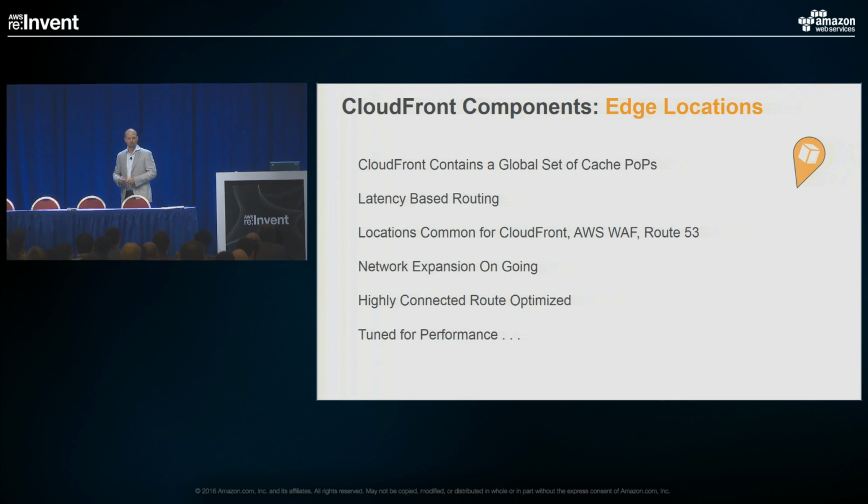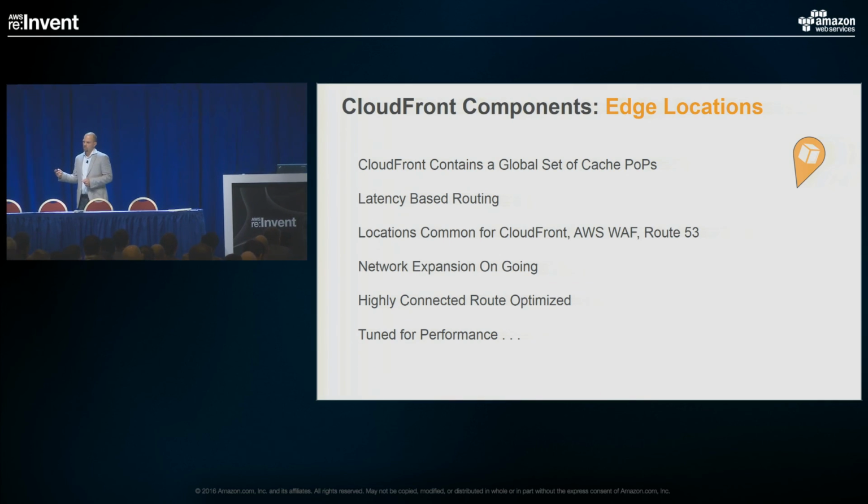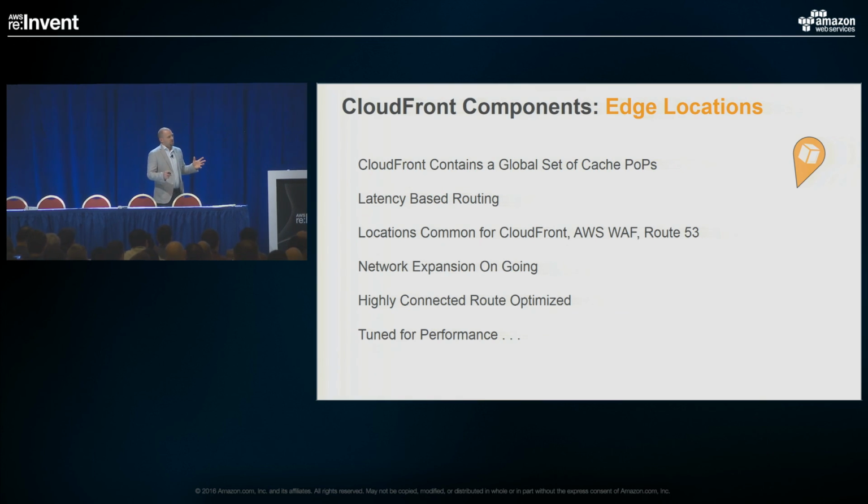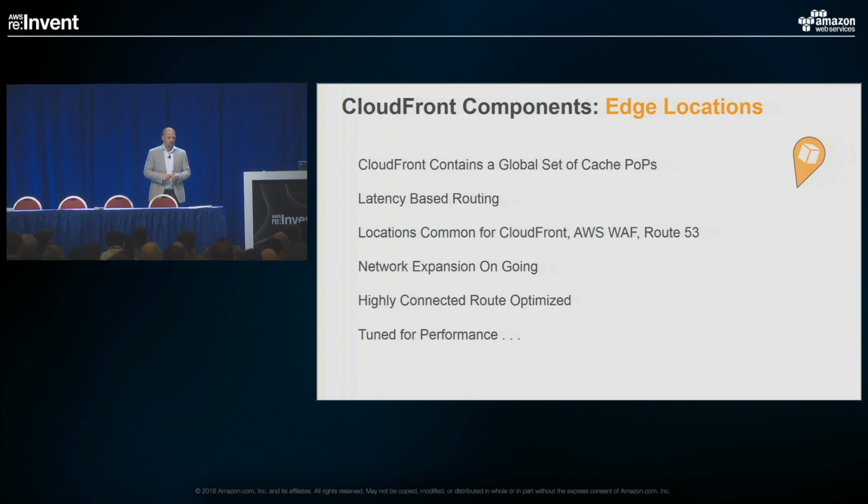That ensures the availability. At each of the locations, we have the services there, the CloudFront service itself, the AWS WAF, likely it's Route 53 resolver location as well. Network expansion is continually going. We've added many locations this year already, and we really are tuned for performance.